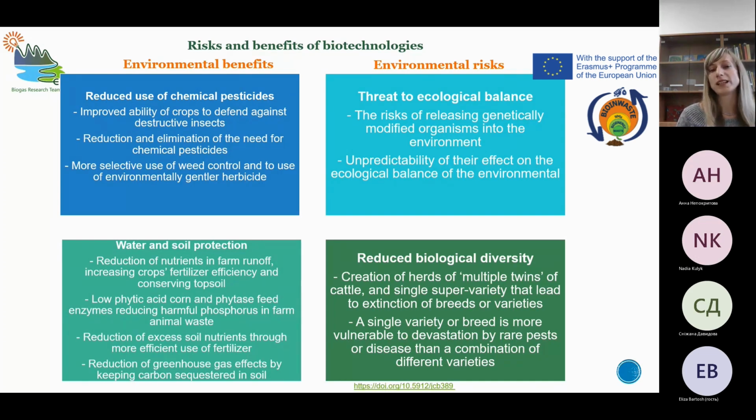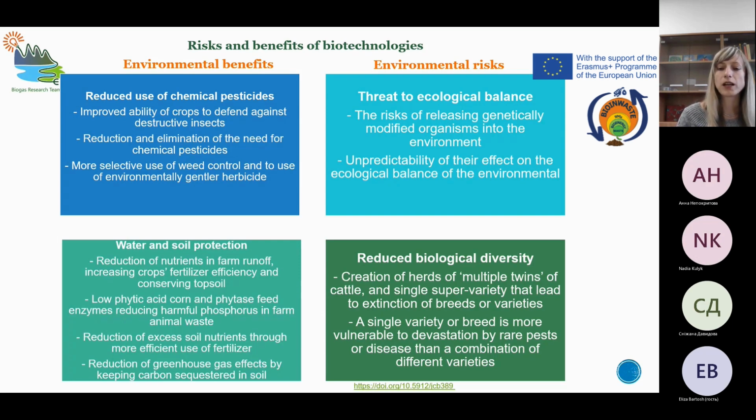About environmental risk, threat to ecological balance, it's necessary to understand this balance and how it can be impacted by releasing genetically modified organisms into the environment. So it's some effect and unpredictable effect on ecological balance. Reduced biological diversity is another type of environmental risk that also needs very careful understanding of which technology and processing can have an impact.